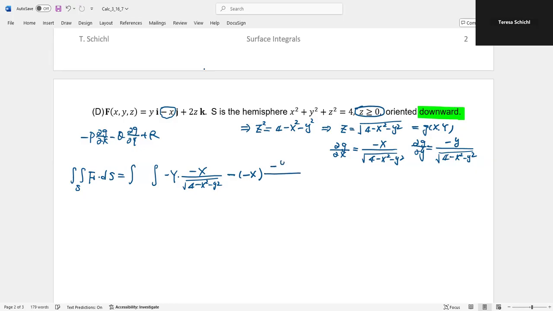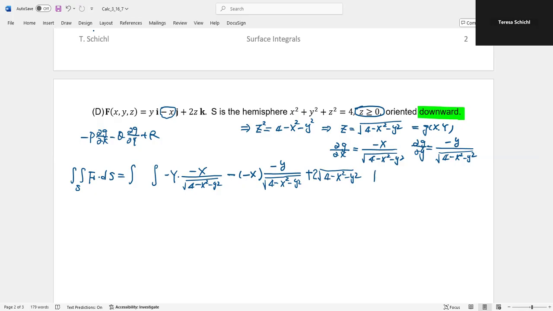So times negative y, and here is 4 minus x squared minus y squared, plus R. Okay, and then plus R is equal to, the R is my 2z, right? So 2z is equal to 2 times 4 minus x squared minus y squared.